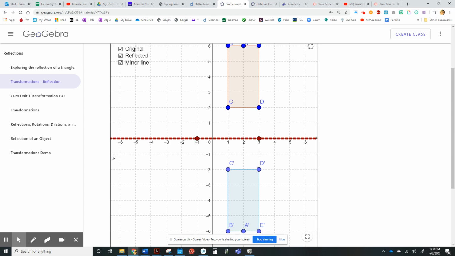Now, I want to show you real quick what these coordinates are because this is going to help make clearer what the Springboard was trying to say. And I'll flip back over there in just a second.